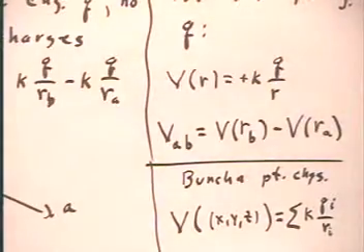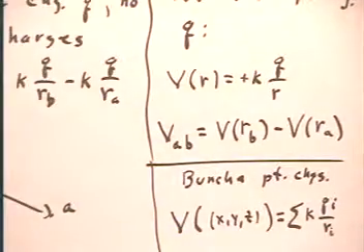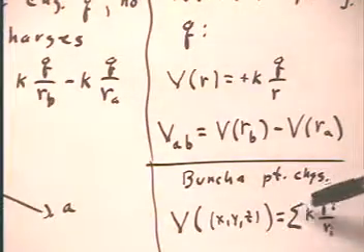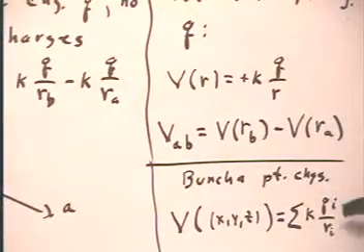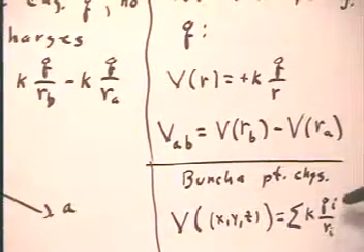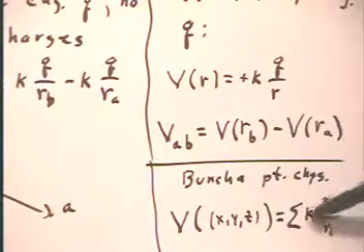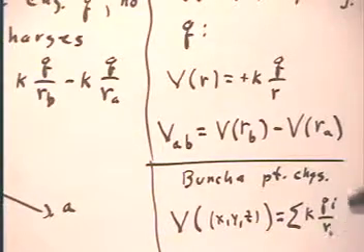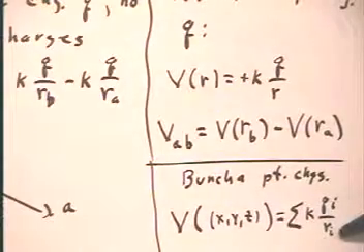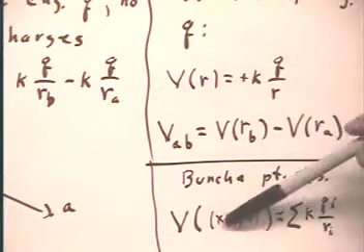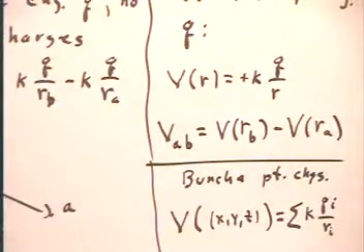The idea here is simply that we add up all the KQ over R's for a bunch of charges. i is just the index of a charge, so we add up KQ1 over R1, KQ2 over R2, and KQ3 over R3 and so forth for whatever number of charges we have. And R1, R2, and R3 are the distances of the point X, Y, Z from the location of the charge Q sub i.